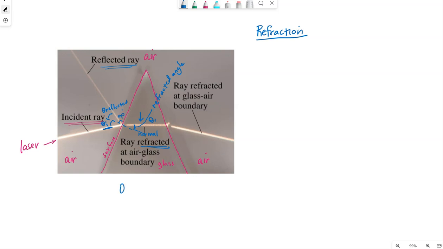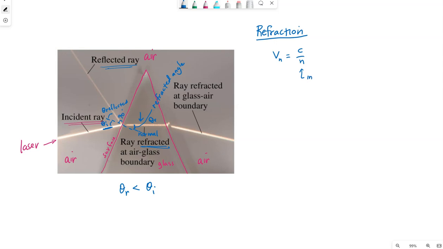In this particular case, this refracted angle is smaller than that incident angle. And if we pulled out a protractor, we could measure a difference in that angle. And the reason why is because of this concept called refraction. If you recall, the speed of light changes as it enters a new medium, a new material.